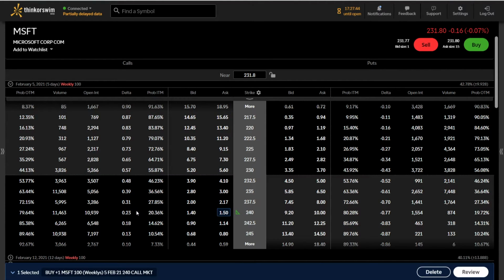So if the price goes up, if it goes to 232.80, this contract is going to increase at a minimum of $23. There's also theta that is going to eat away at it, and then also gamma, which is going to fluctuate that delta depending on how the implied volatility and some other factors go along with that stock. But ideally speaking, 23 delta means it's going to go up $23 per $1 movement.